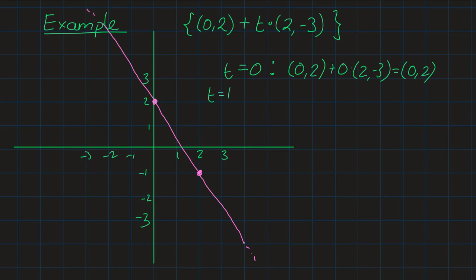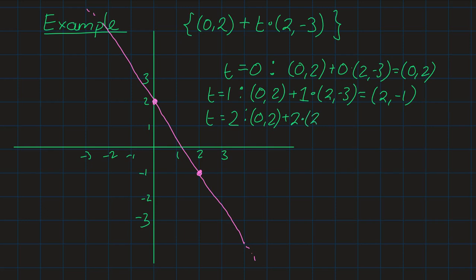When t is equal to 1, you have (0, 2) plus 1 times (2, -3), which, if you work this out, is (2, -1), exactly this point down here. When t is equal to 2, you have (0, 2) plus 2 times (2, -3), and if you work this out, this is going to be (4, -4), which is this point right here.